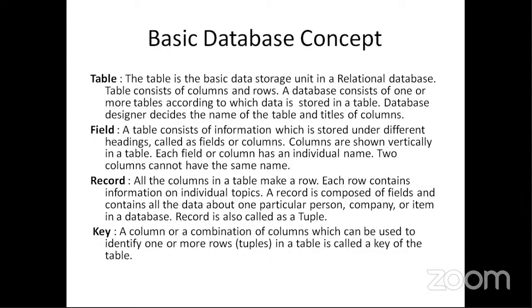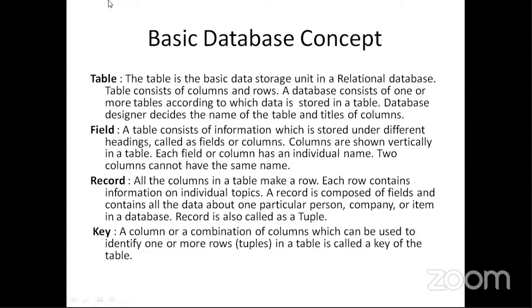What is a record? All the columns in a table make a row. Each row contains information on individual topics. A record is composed of fields and contains all the data about one particular person, company, or item in a database. A record is also called a tuple.